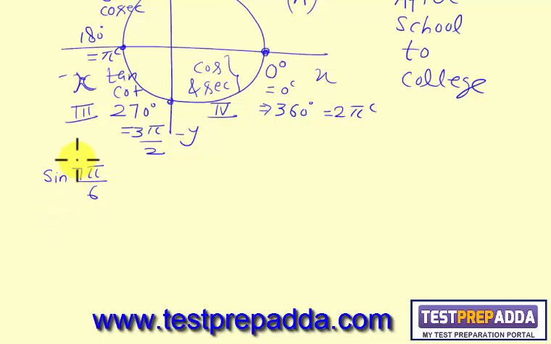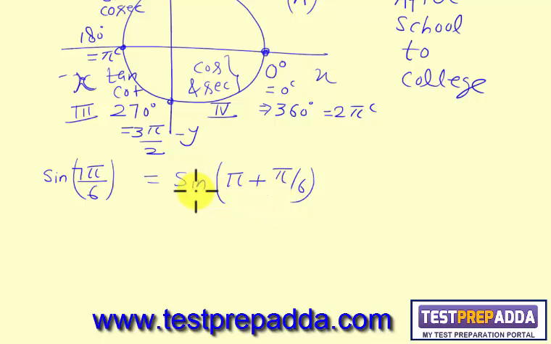So, what can I do here? I can write sine 7 pi by 6. Instead of writing 7 pi by 6, I can write pi plus pi by 6. Sine pi plus pi by 6.